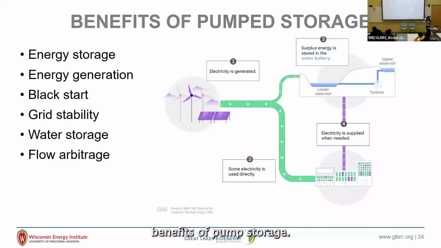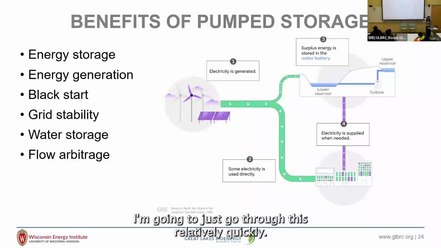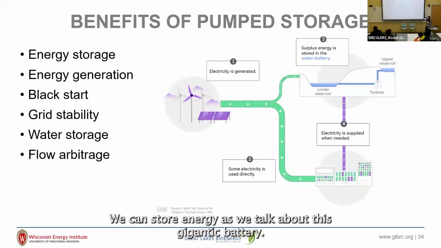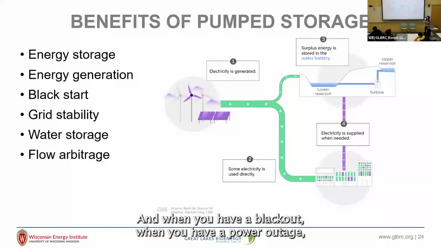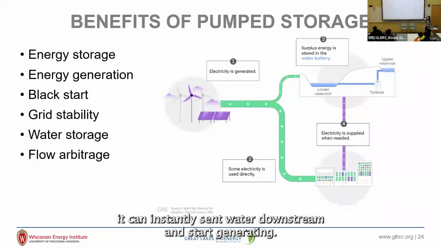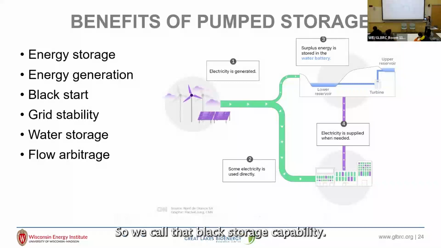Benefits of pump storage, I'm going to go through this relatively quickly. We can store energy, as we talked about, this gigantic battery. It can generate energy when we need it. And when you have a blackout, a power outage, it can instantly send water downstream and start generating. We call that black start capability.